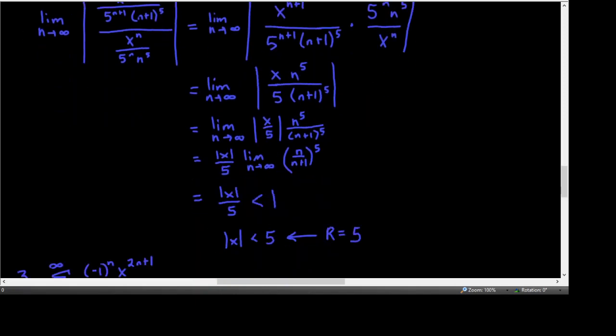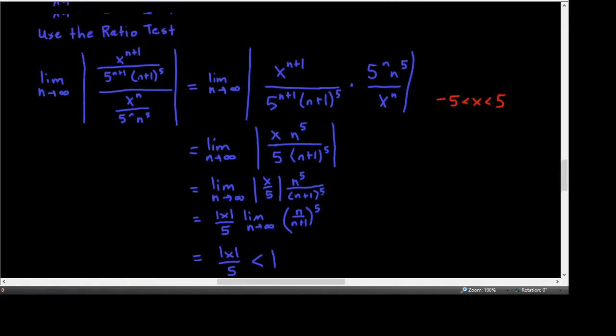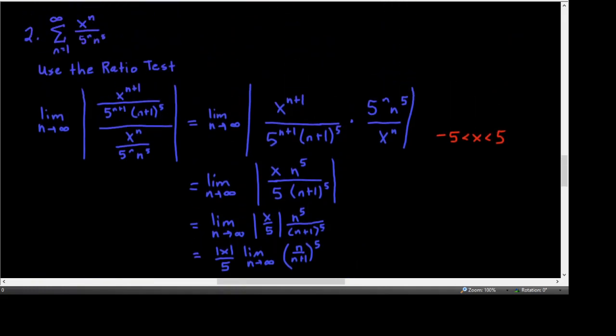If the absolute value of x is less than 5, then that means negative 5 is less than x is less than 5, is the inequality we could write for absolute value of x less than 5 without the absolute value. And the endpoints are negative 5 and positive 5, respectively. So I'm looking at that expression of what the series is. So we need to test each of the endpoints.